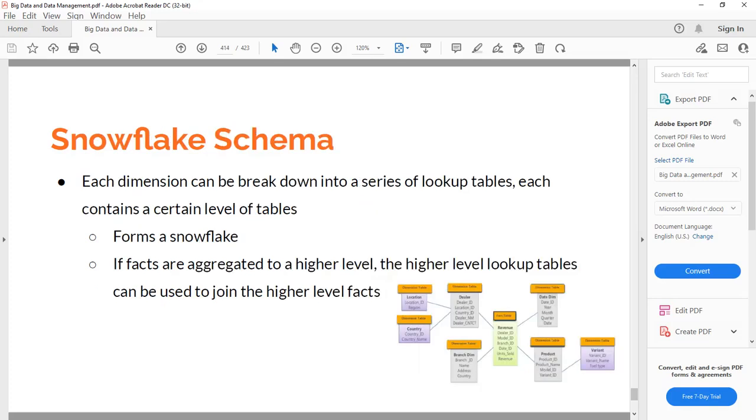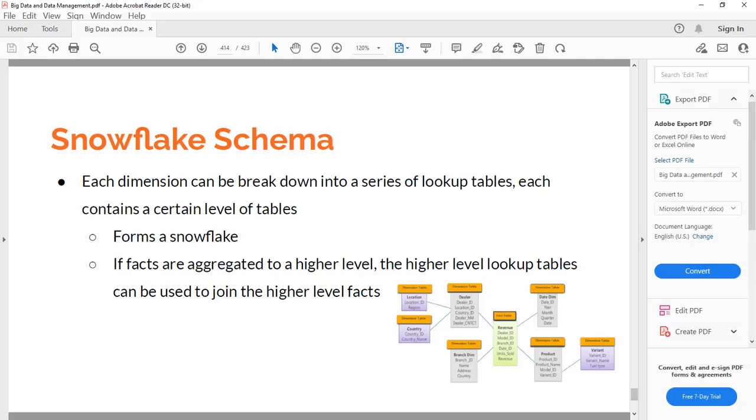That being said, there's nothing stopping you from breaking it down into third normal form compliant tables. If you've done so, it will form something like a snowflake, right? You can break each dimension into a series of lookup tables. Each contains a certain level of attributes. This will form a snowflake. The advantage of snowflake schema is that if you not only store fact on a fundamental level, you also aggregate the fact.